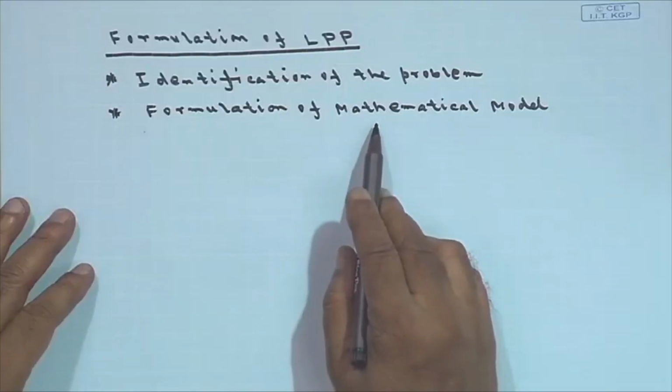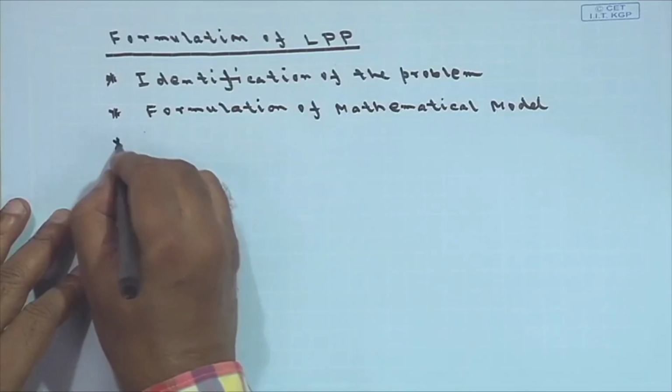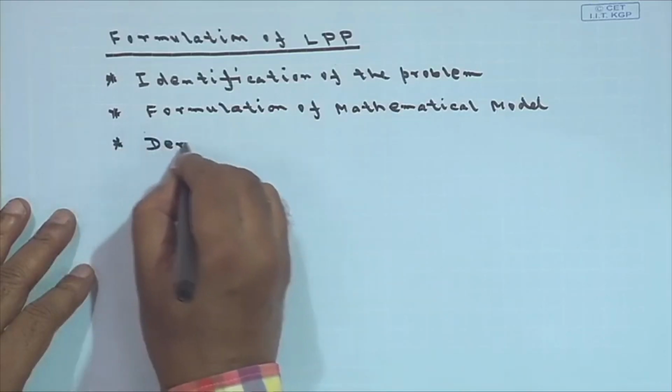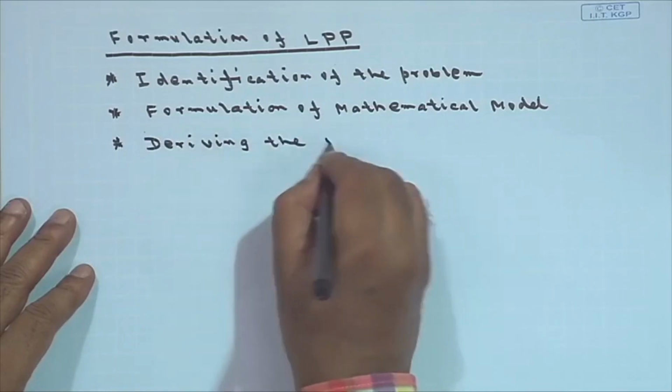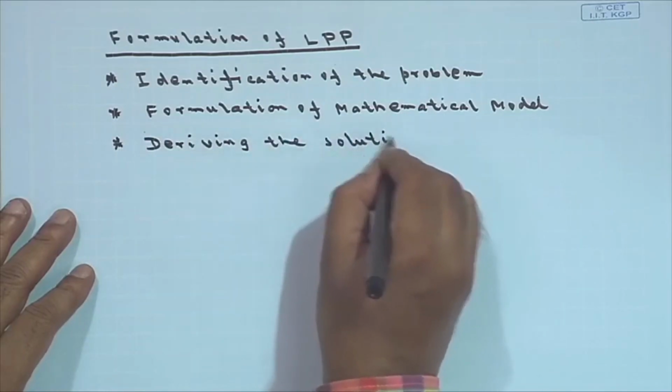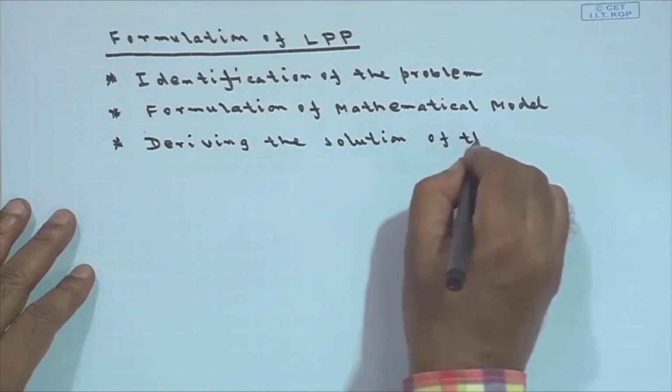Therefore, once we get the problem, we will formulate the corresponding mathematical model. This will be your second step. The third step is deriving the solution of the model.